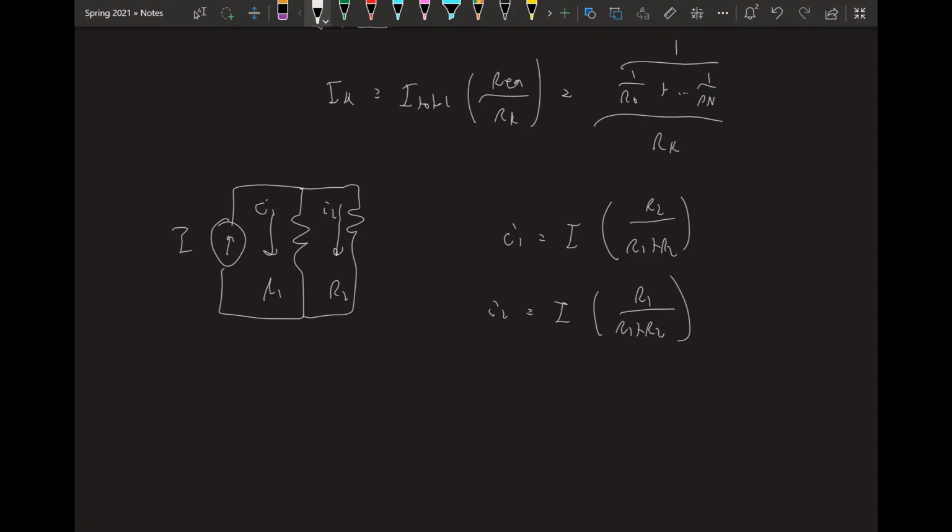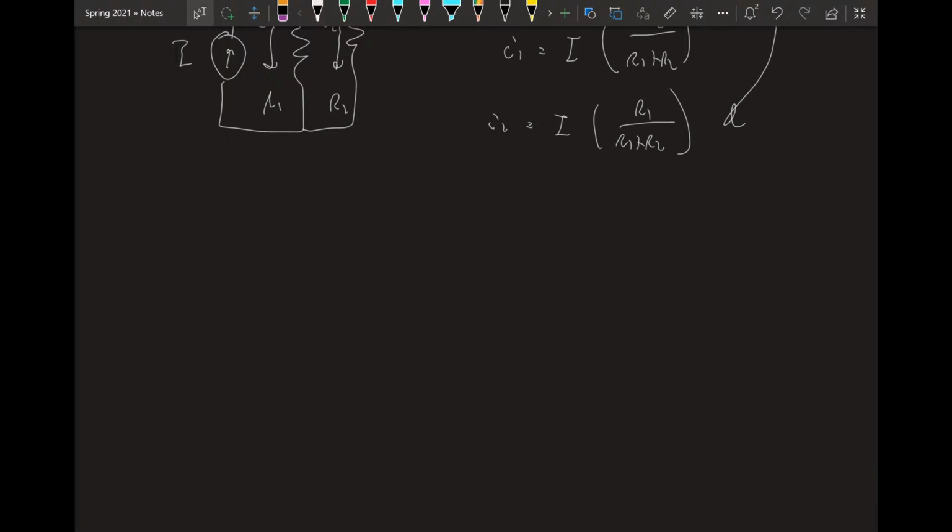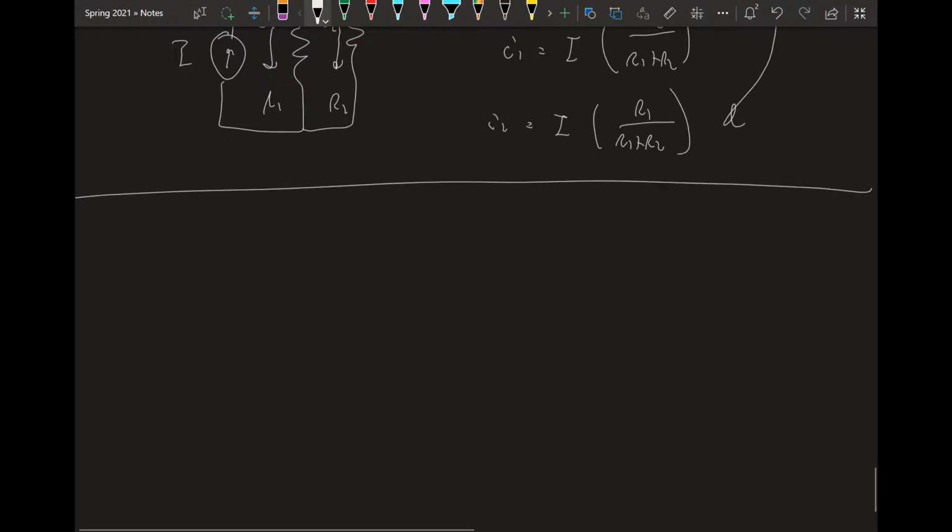Notice that I1 has an R2 on the top, and I2 has an R1 on the top. It's the opposite, right? And you can get these by following these formulas. Okay, so that's everything for, I guess, chapter 1 in the background stuff.